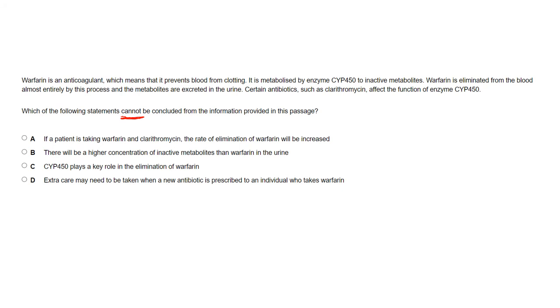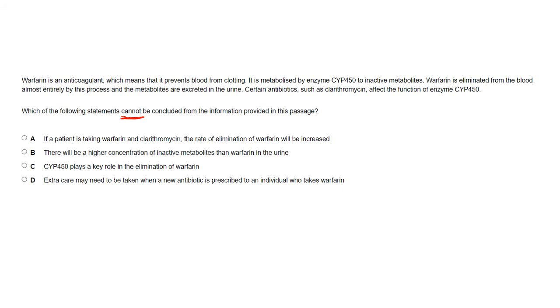If a patient is taking warfarin and clarithromycin, the rate of elimination of warfarin will be increased. So let's have a look at the text to see what we can figure out about that. So it tells us that warfarin is metabolized by this enzyme, cytochrome P450, to inactive metabolites, and that's the only significant route for removing it, because it says it's degraded or eliminated from the blood almost entirely by this process.